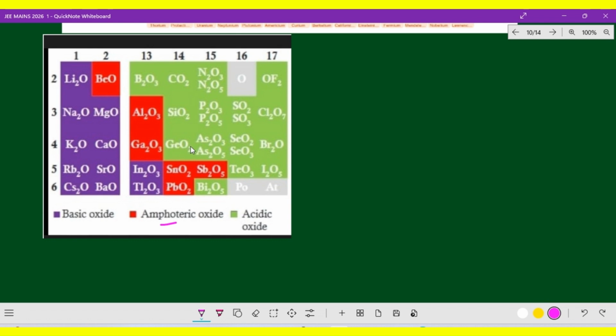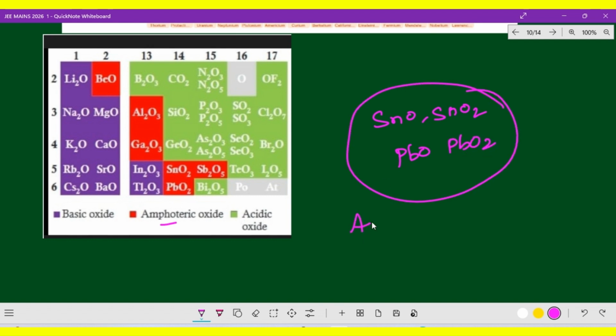So here GeO2, it is actually acidic. Generally, it will be answerable for acidic in nature, whereas SnO2 and PbO2, it is amphoteric in nature. So these SnO, SnO2, PbO, PbO2, these both are amphoteric in nature, right?